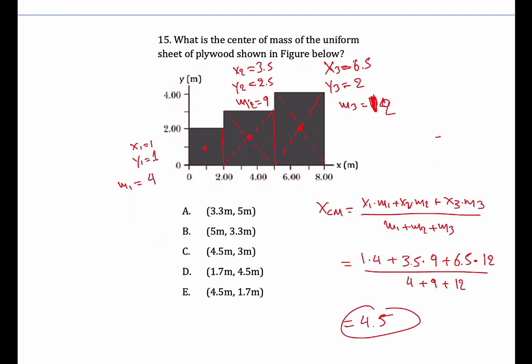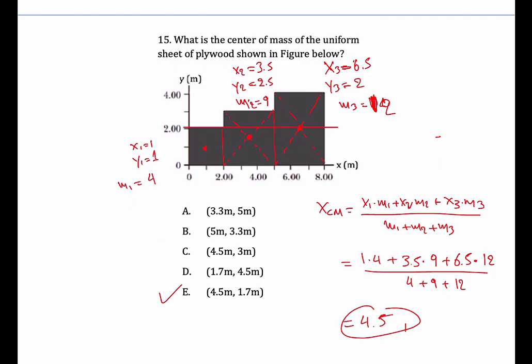Now unfortunately we have two options with this 4.5 meters. With common sense we can say that the center of mass will be just below the 2 because there is more mass under this y, so most likely the correct answer is E. Not most likely, for sure the correct answer is E.